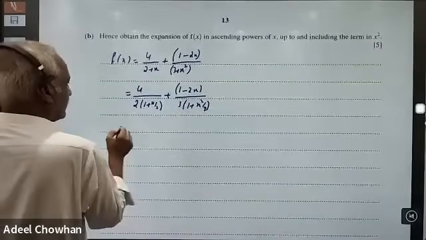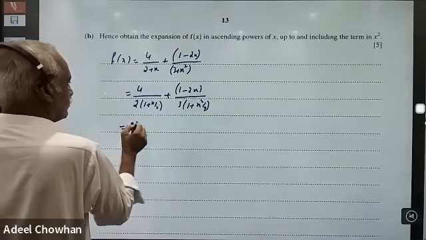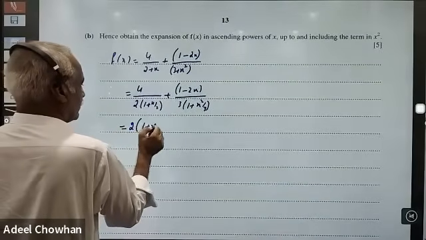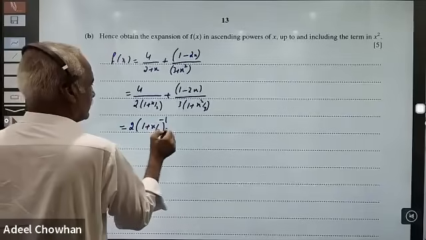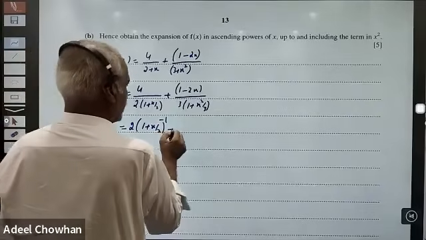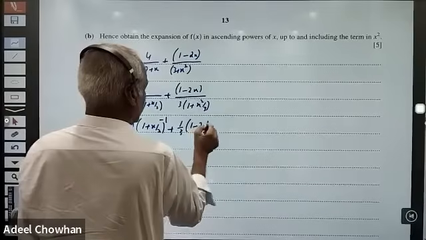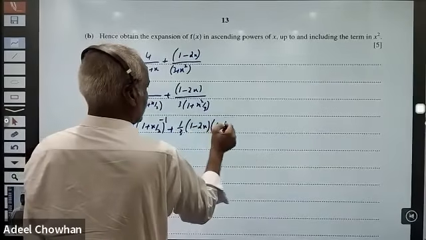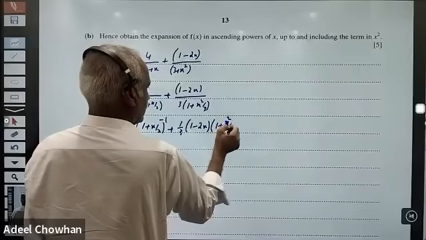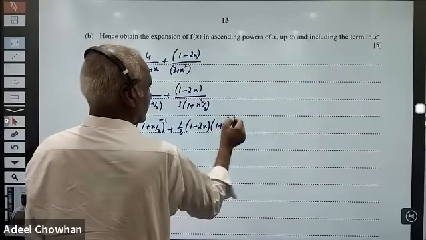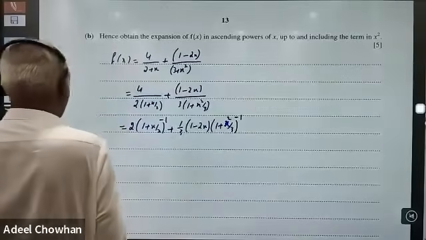And this will be written in the form of 2 into 1 plus x over 2 power minus 1, plus 1 over 3 into 1 minus 2x into 1 plus x square over 3 power minus 1.